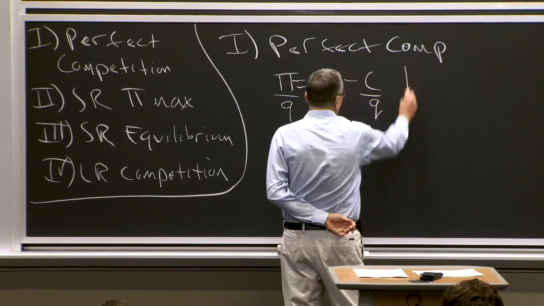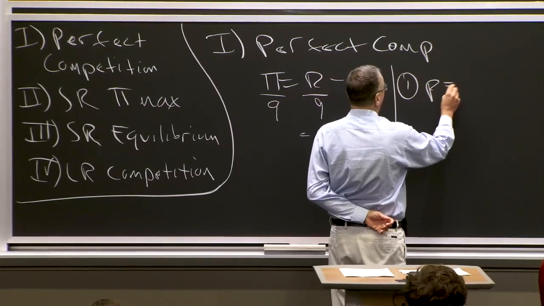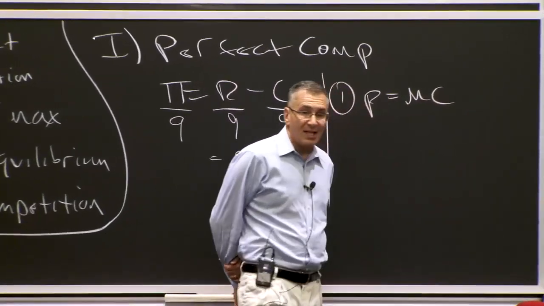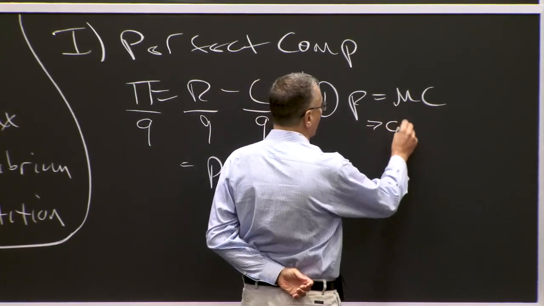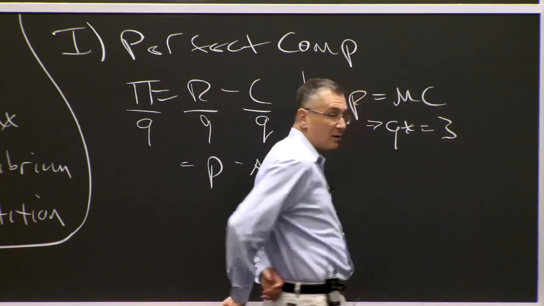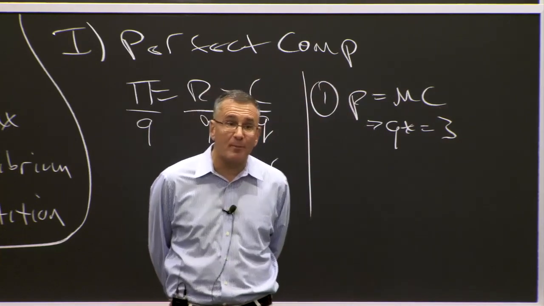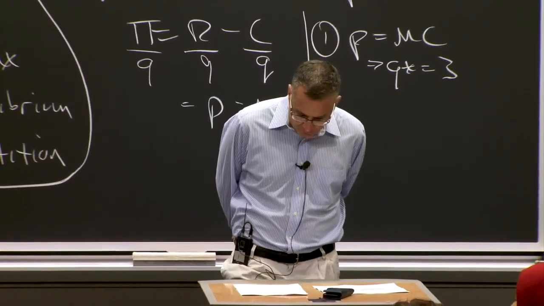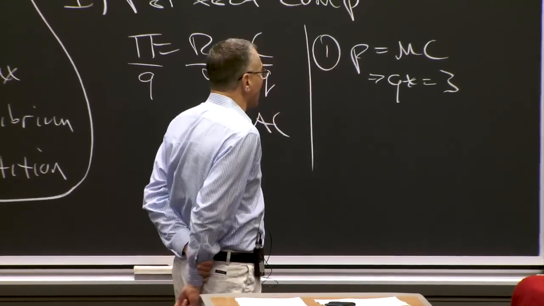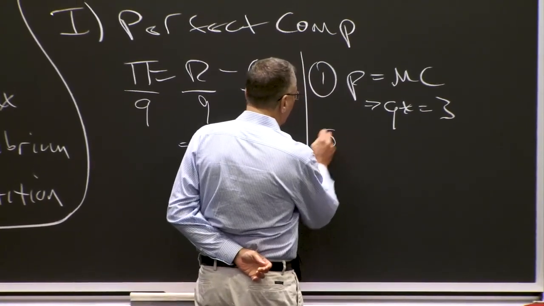So what are your steps here? Step one is you find the point where price equals marginal cost. That gives you your production level, your optimal Q star. We derived that last time: you want to optimize at the point where price equals marginal cost. That gives our Q star of 3. Then at that level, we compute average cost.